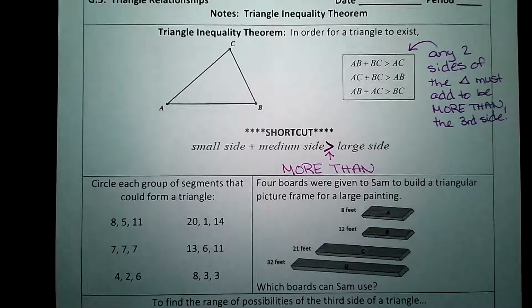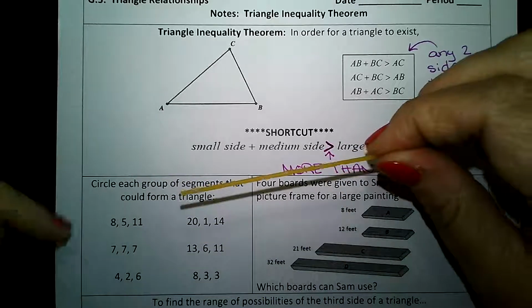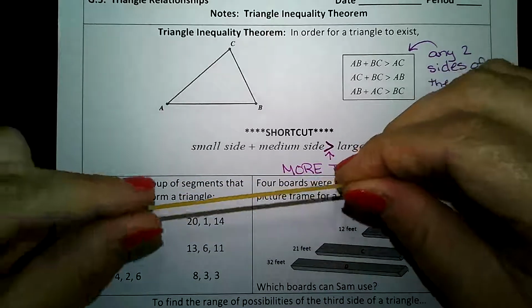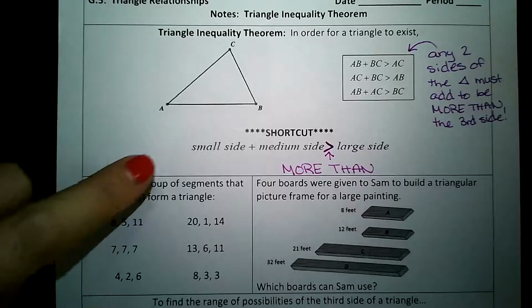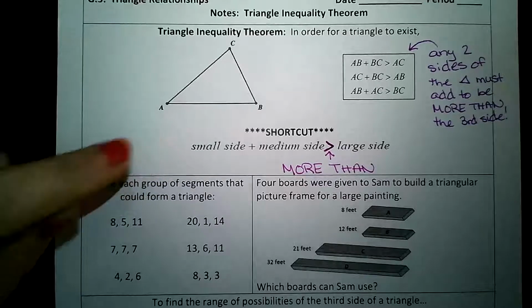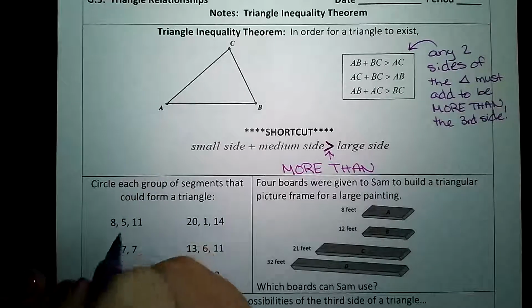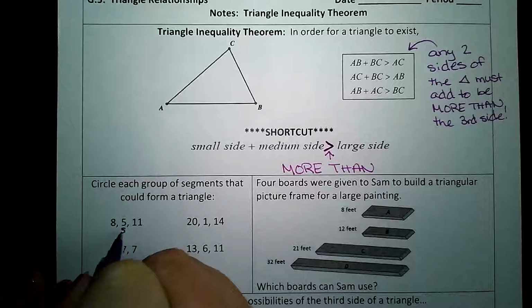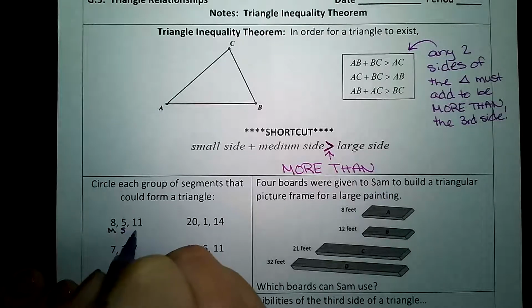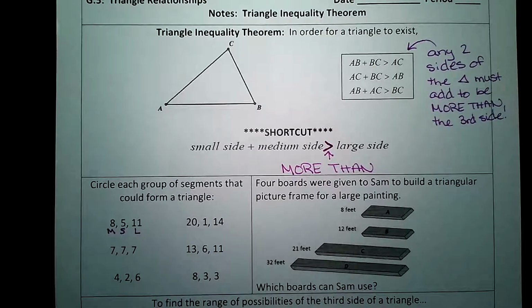The first set of examples says, circle each group of segments that could form a triangle. Now, I did not go out and measure all these lengths of spaghetti to show you. So we have to rely on this theorem. Okay? Well, in our first example, 5 is the small side, 8 is the medium side, and 11 is the longest side.